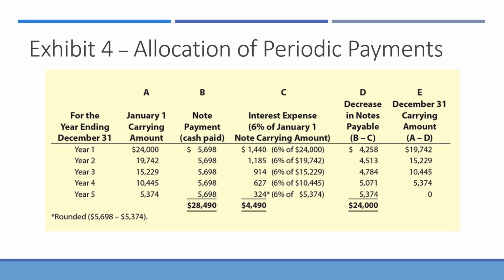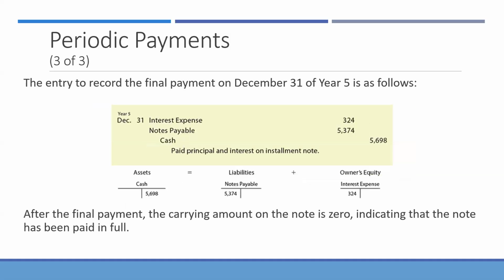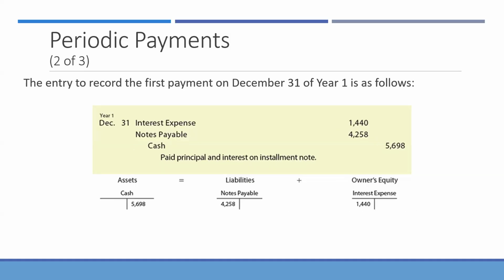And then we calculate the interest based on the carrying amount as of the beginning of the period. In this case, they're annual payments, so it's the beginning of the year. And this is our journal entry in the first year.